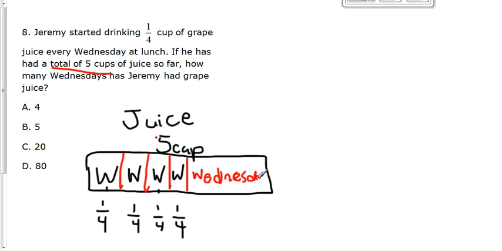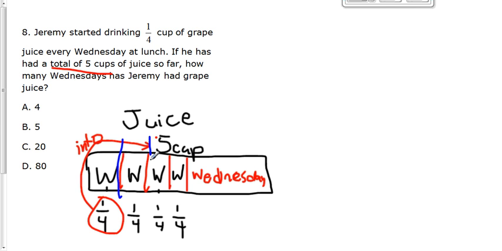Have you thought about that yet? I want to see how many times that 1/4 can go into 5. The key word is into. Into tells you what operation. Add, subtract, multiply, divide. What are you doing with this 5?